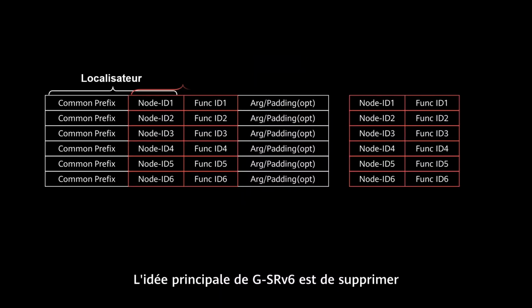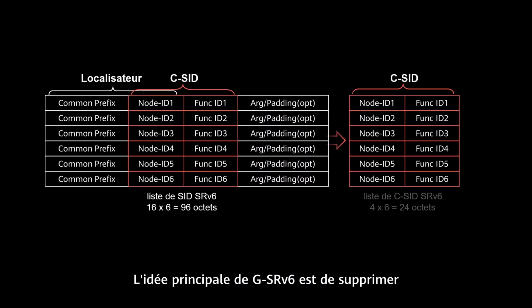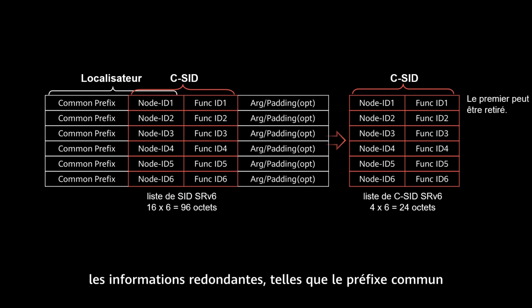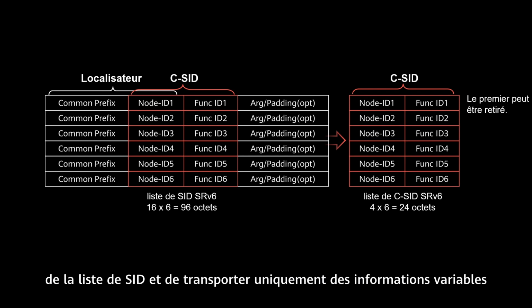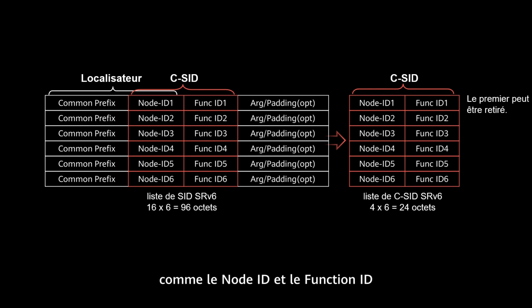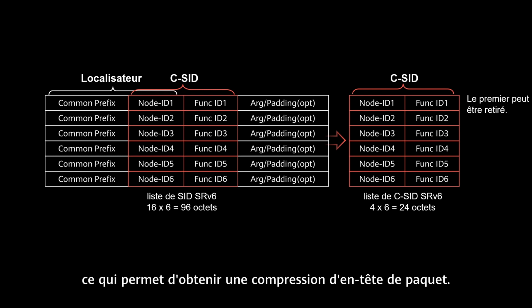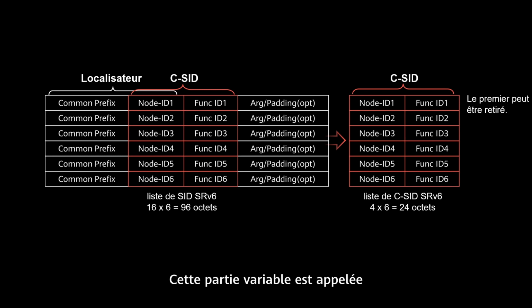So the main idea of G-SRv6 is to delete the redundant information, such as the common prefix, from the segment list and carry only the variable information like node ID and function ID, thereby achieving packet header compression. The variable part is called a compressed SID, C-SID, or generalized SID, G-SID.